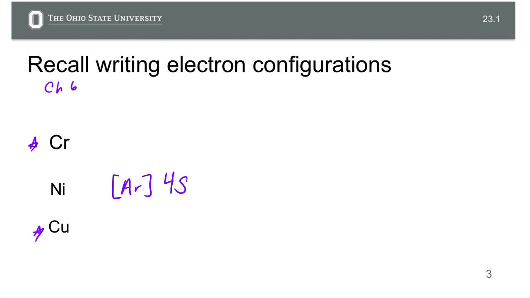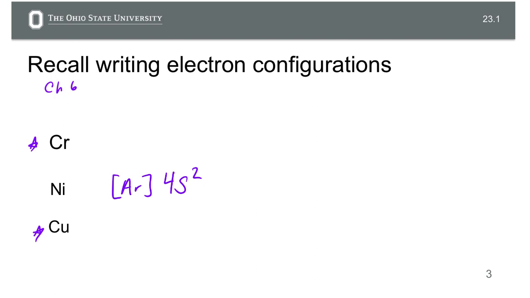And nickel is, let's see, 1, 2, 3, 4, 5, 6, 7, 8, 9, 10, the 10th element over. We put 2 electrons in our s orbital, which means because it's the 10th element over, there are 8 more electrons in that d orbital that we need to fill.